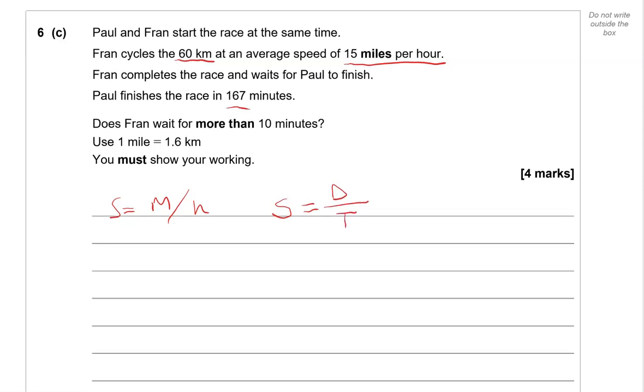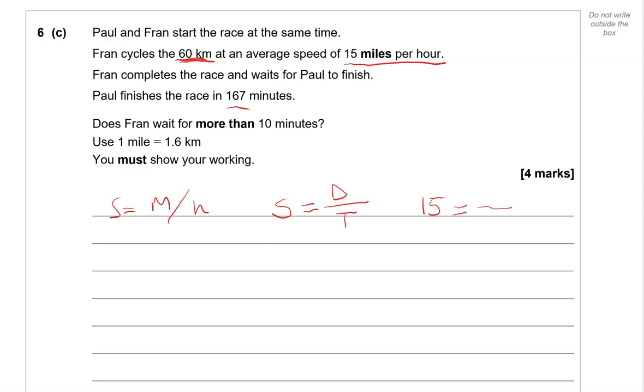So focusing on Fran first, we've got the speed for her, and that is 15 miles per hour. Do we know the distance? Yes, that is 60, but it's kilometers, so we're going to convert that into miles first.